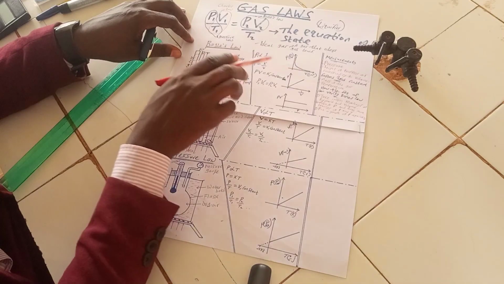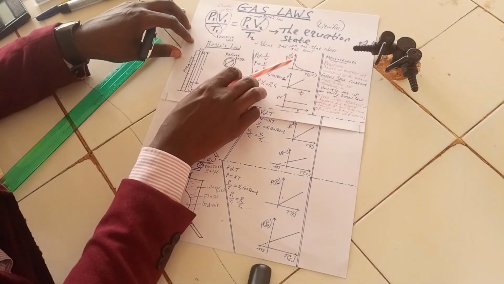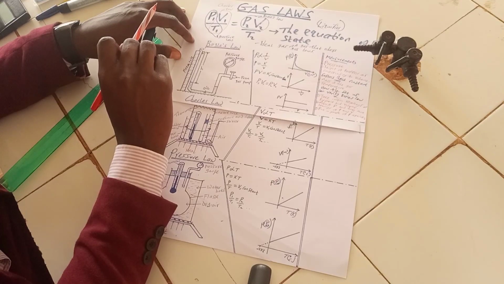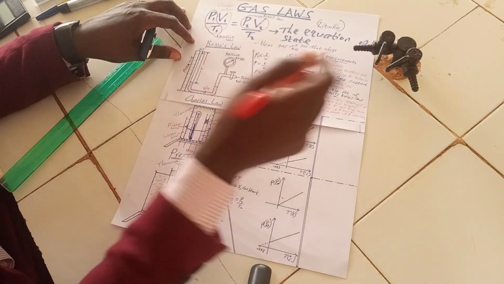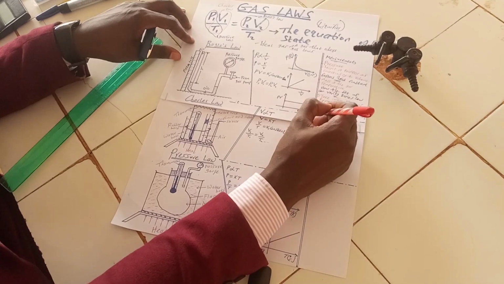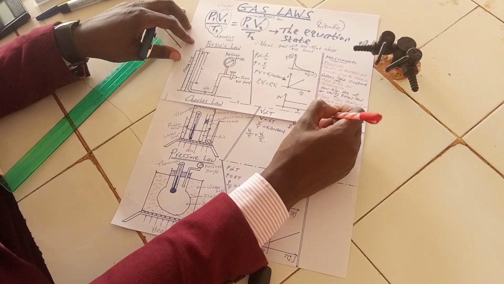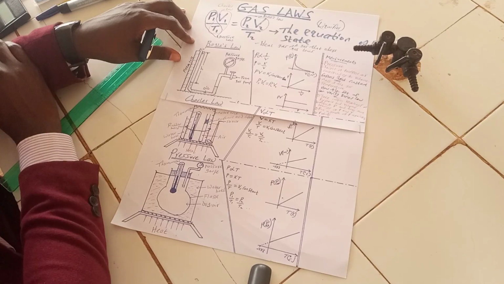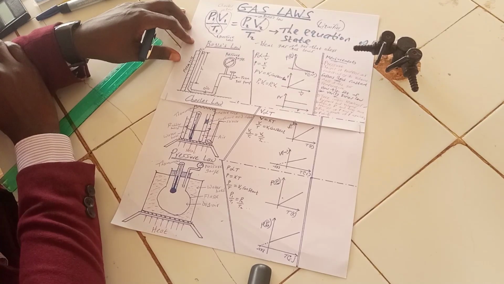So the graph is a curve whose tangent has a negative slope, and this shows that, because we are verifying, pressure of a fixed mass of a gas is inversely proportional to the volume, provided that temperature is kept constant.